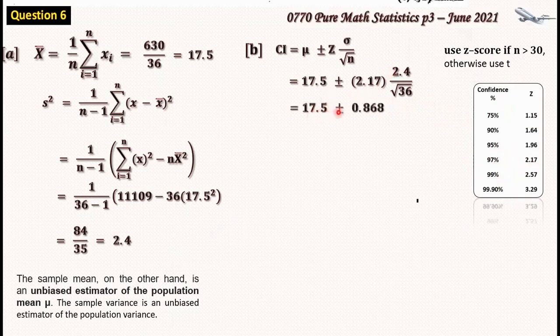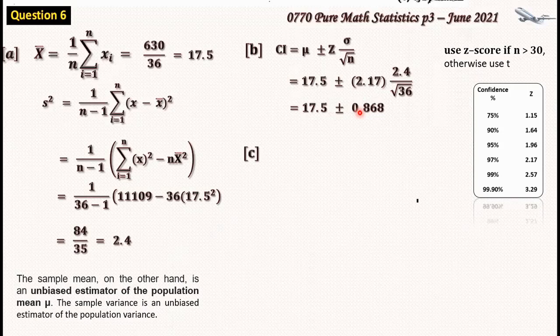So you have 17.5 plus or minus 0.868. You can further simplify this, but I'm just ending at this level. So you have 17.5 minus this, that's the lower limit, and the upper limit is 17.5 plus this value.